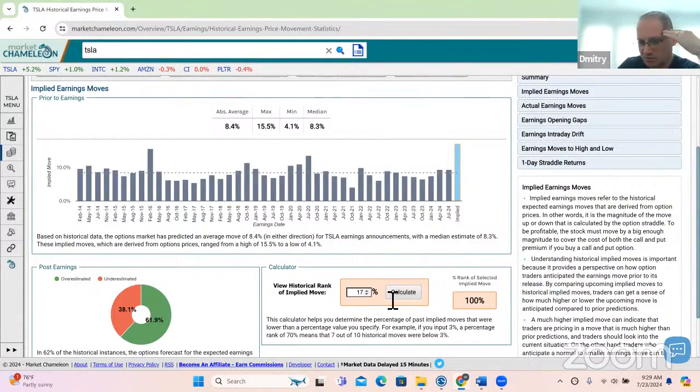Well, if I put in 17%, whoa, historically 100% of the observations close below that. So from the sell side, sell at 11, close out at 4, is there a good chance you could buy back lower? This is the kind of statistics we're looking at. We don't know where it's going to end up, but we're using the data to help guide us on potential outcomes.